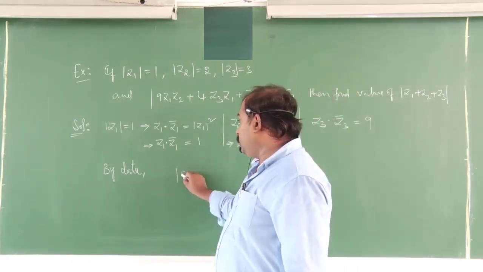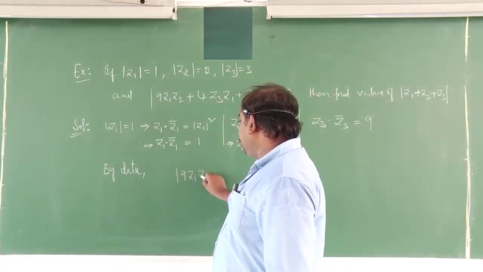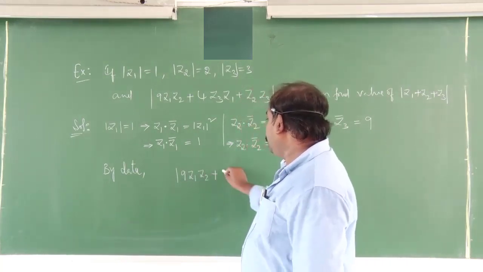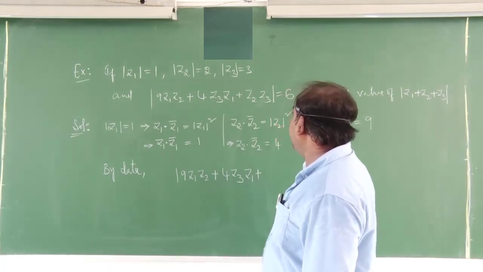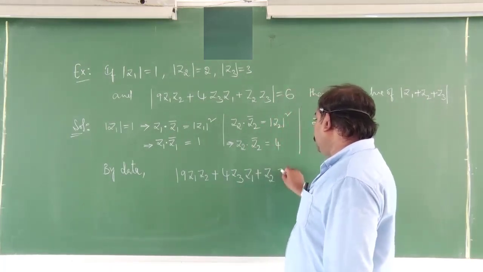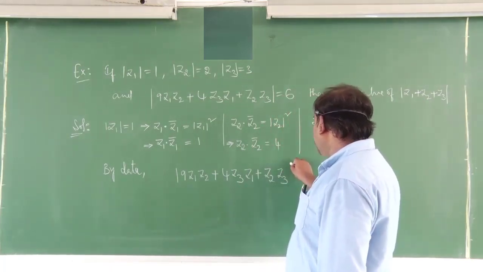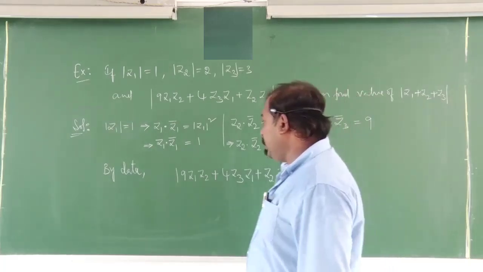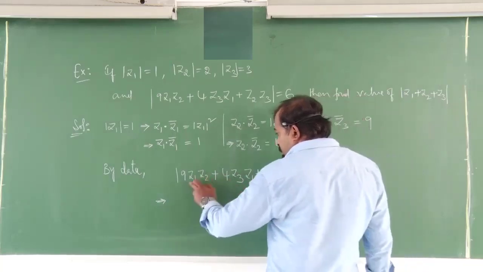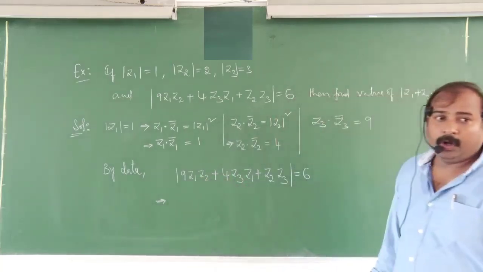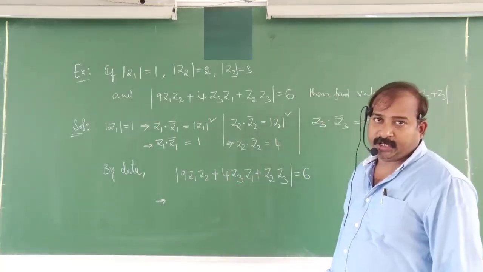Modulus of 9 Z1 Z2 plus 4 Z3 Z1 plus Z2 Z3 equals 6. This is the value they gave. Now from this entire expression, I can take common modulus of Z1 Z2 Z3.